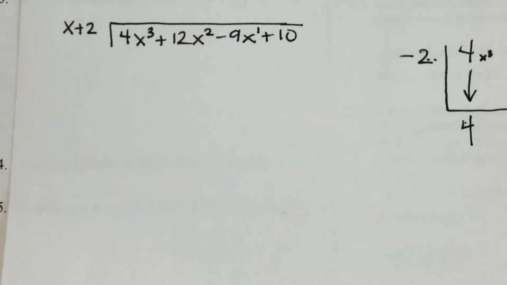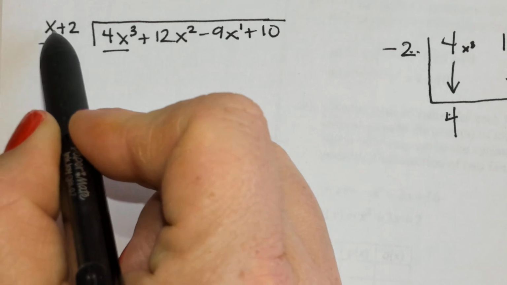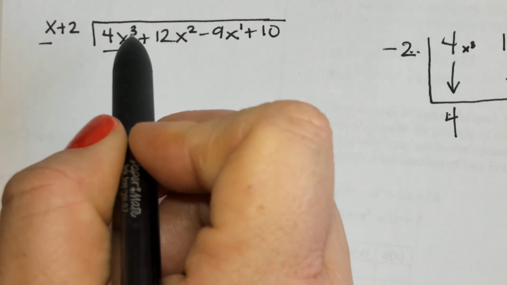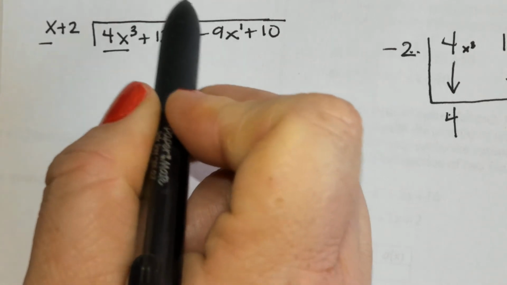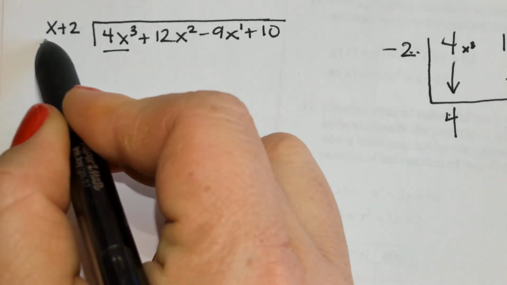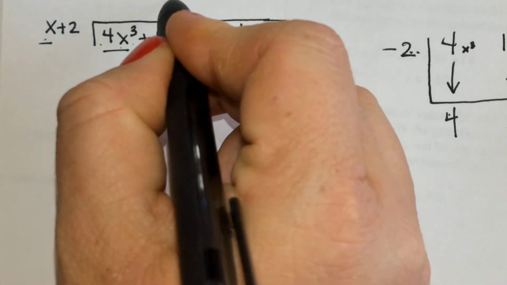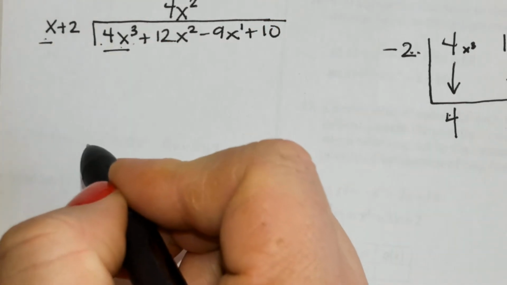Now let's do the same thing for long division in case this is the preference you would like to use. I have 1x, I need 2 additional x to become x cubed. So in the x squared column, I start by going, what times x gives you 4x cubed? The answer is 4x squared.